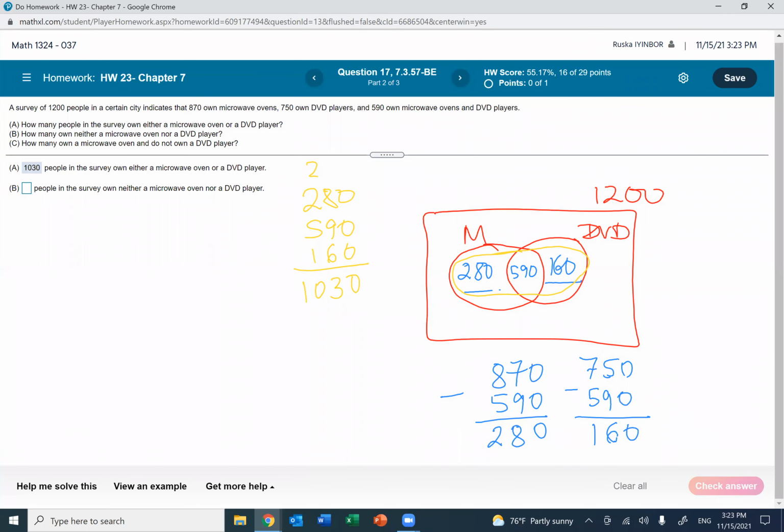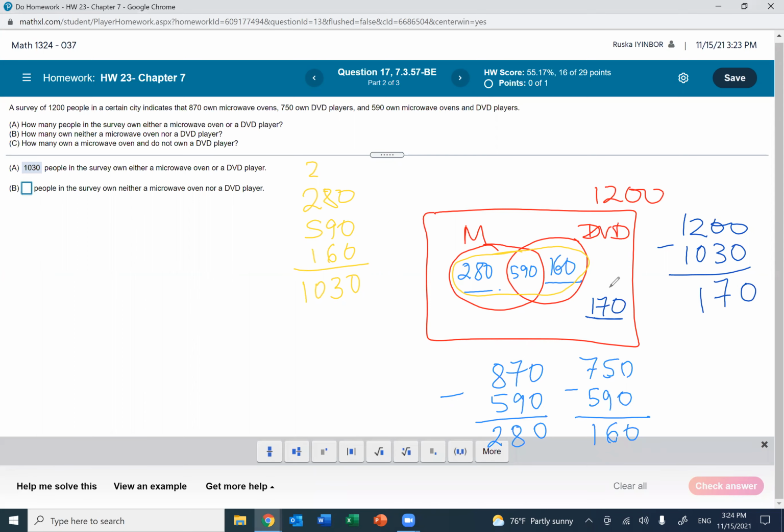Okay, and then the next one is how many own neither. So how many own nothing? So in that case, you're going to subtract from 1,200. You're going to subtract 1,030, right? And that's going to give me 170. So 170 own none of those.